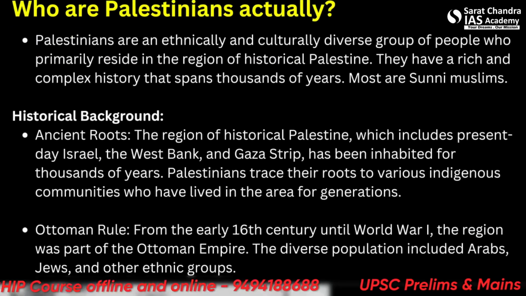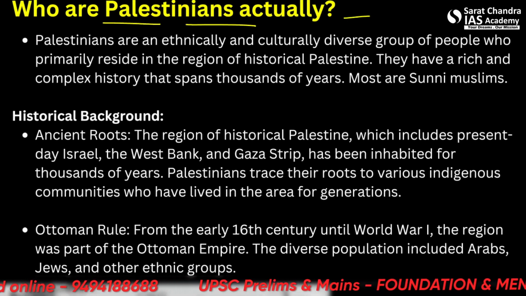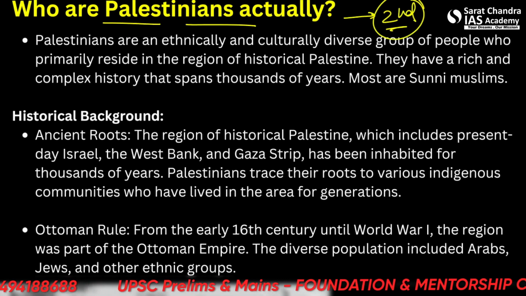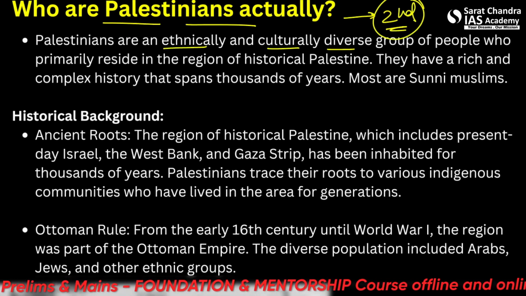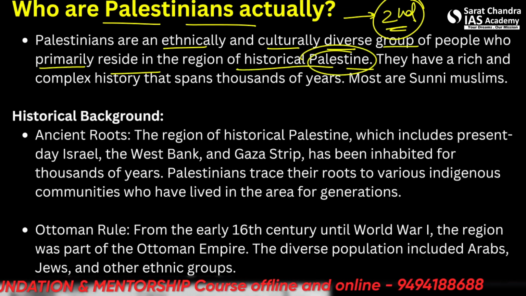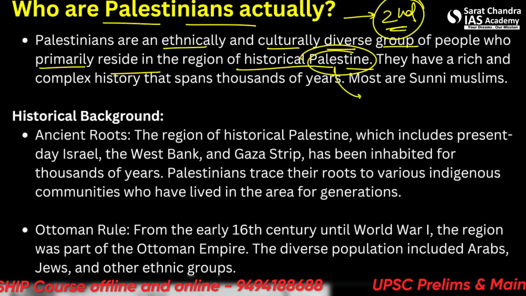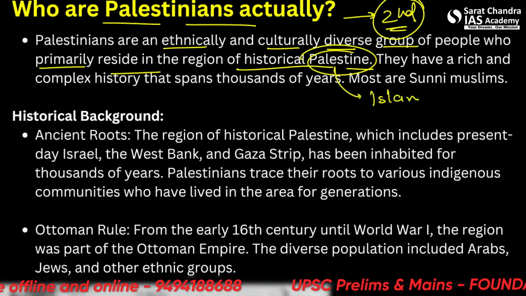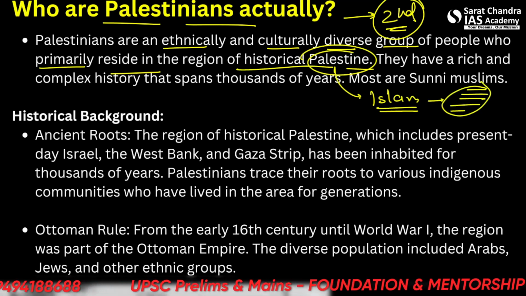Let us also see the other part, who are Palestinians, because they are the second party to this war, or party B. Palestinians are an ethnically and culturally diverse group of people who primarily reside in the region of historical Palestine. The historical region of Palestine came into being after the invasion of Islam in the Sinai Peninsula and the part which is now called Israel.